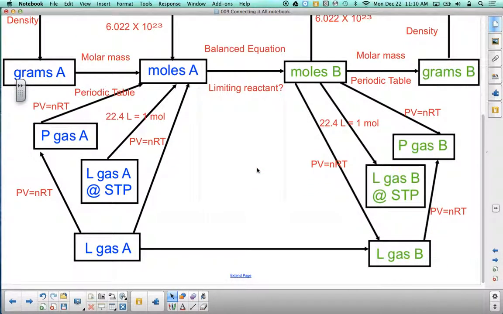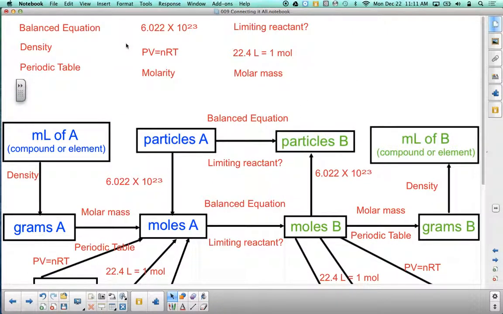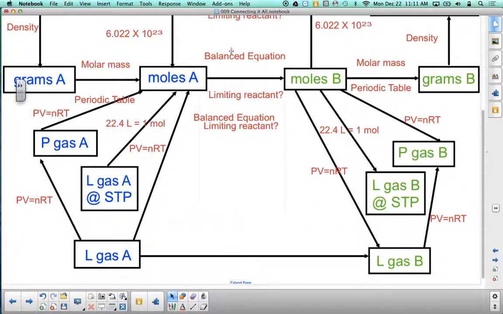Down at the bottom here, you're going to be able to go from liters of gas A to liters of gas B without having to come back through moles, because in getting from liters of gas A to moles, you're going to multiply by one number, use your balanced equation, and then you're going to divide by the same number. And so in the end, we're going to be able to cut a shortcut across the middle there, just using our balanced equation. Of course, checking to see if we have a limiting reactant.